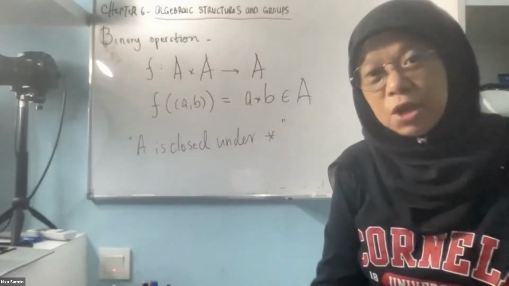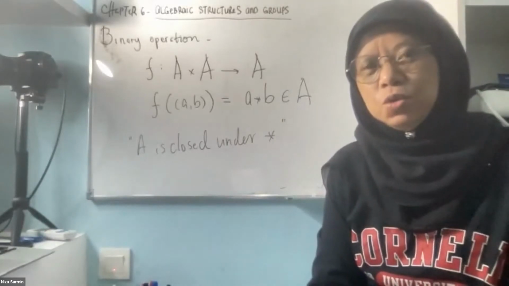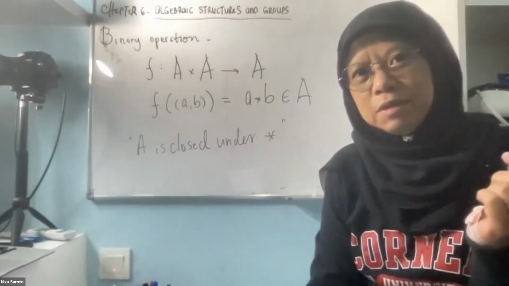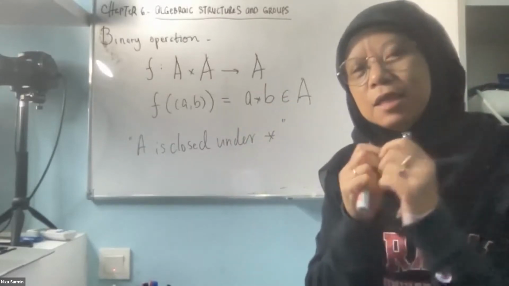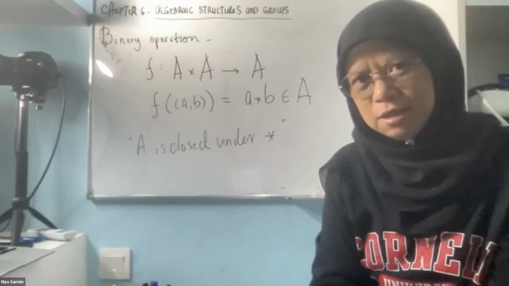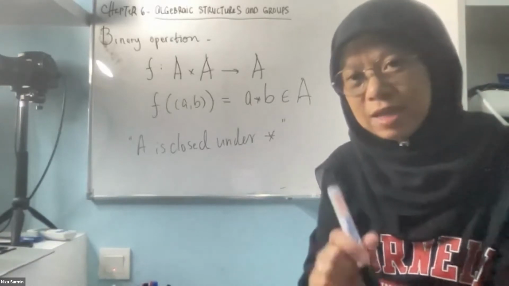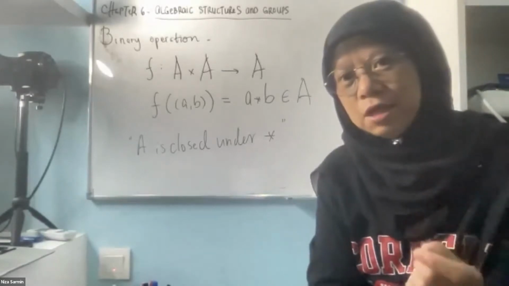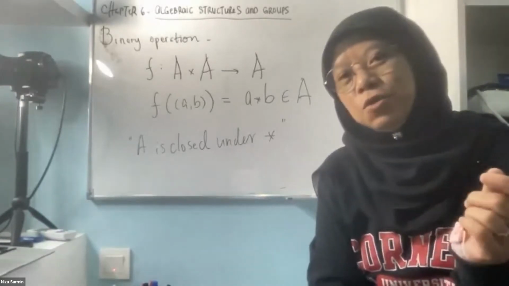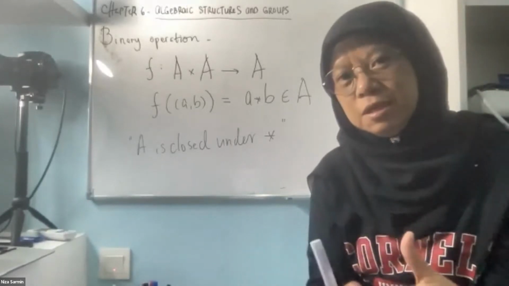Okay, close is not the English close. Close means you take this element, you take another element, and then you multiply, and then it stays in the set. That is what it means by close. Example, you have integer, right? A is a set of integer, and then you have another integer. The operation can be addition, right?